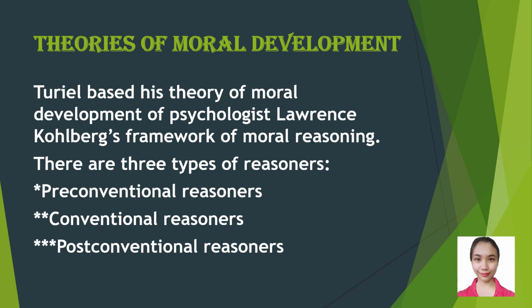Next is the conventional reasoners. So conventional reasoners use social rules and norms to guide their moral reasoning. So in the second type naman class of reasoners, dito naman class is yung mga tao na sumusunod sa mga social rules and norms dahil kailangan.